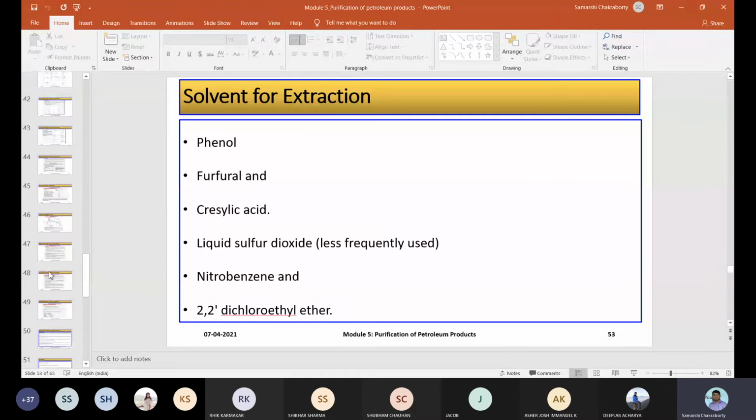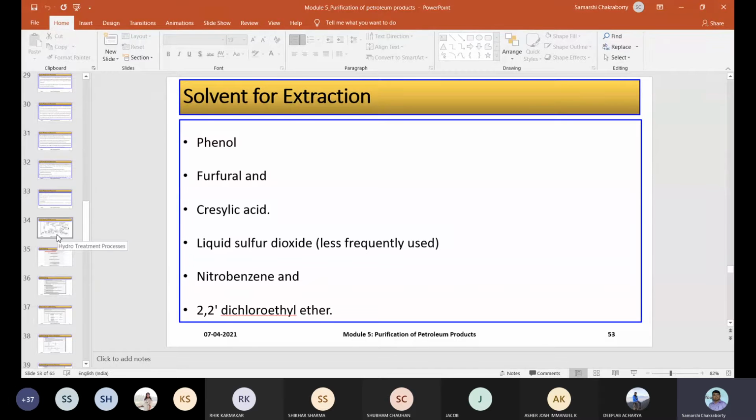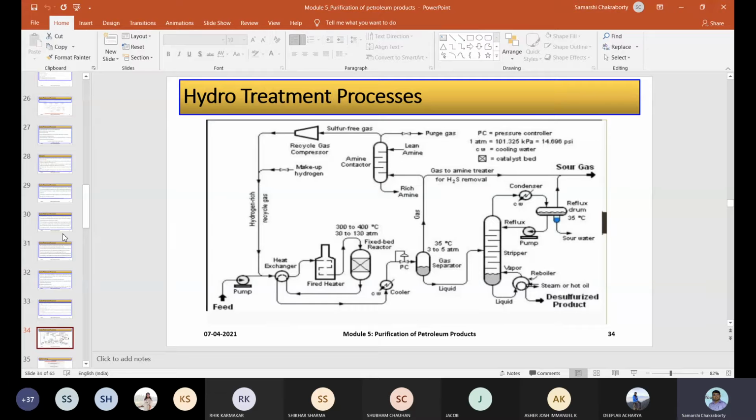Maybe we jumped over some of the slides while discussing the hydrotreating process, because up to the Claus process we were talking mostly about the desulfurization process, not about denitrification, or nitrogen removal, or aromatic saturation and olefinic saturation.